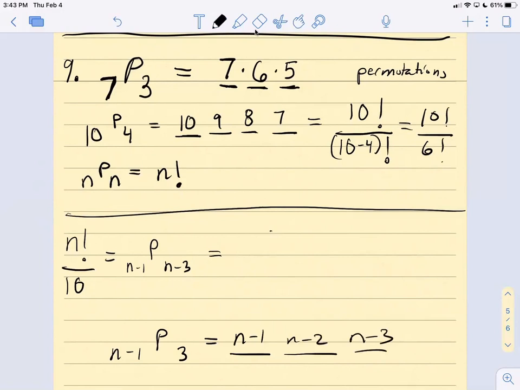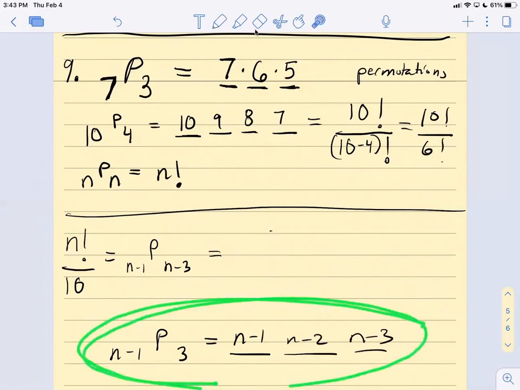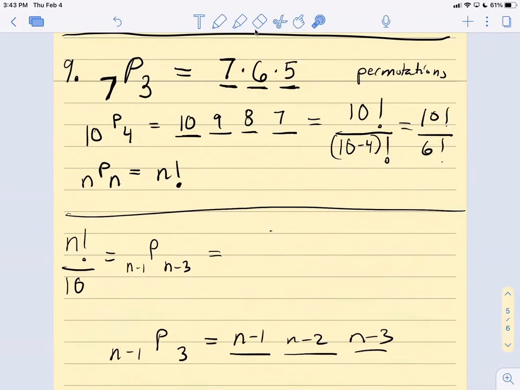If I did it like this, that would be really easy, because I can just list out the three spots and count down from n minus 1. But this time it's n minus 3 spots. It's a little confusing to think about, but essentially you're not going all the way down to 1. You're leaving off 2 and 1.